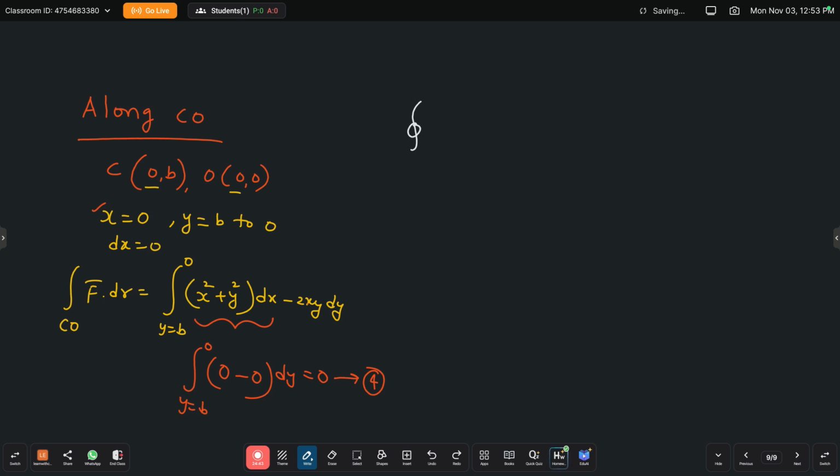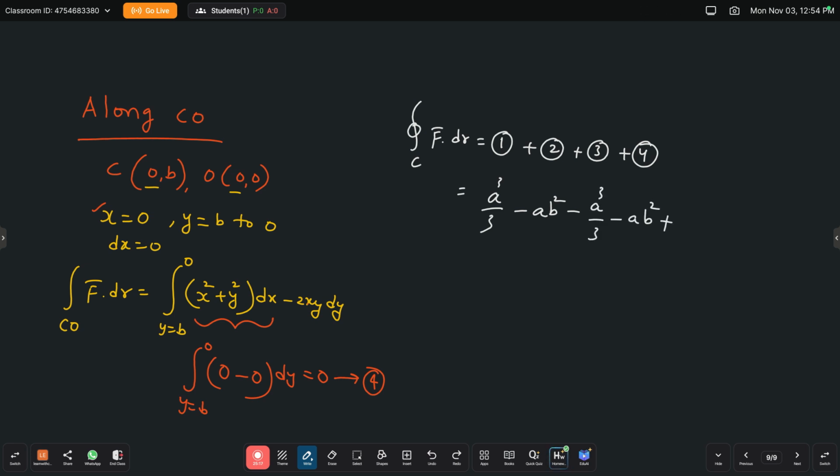Now the total circulation of the curve C is given by the integral of f dot dr. We already have the integration along OA direction, along AB direction, along BC direction, and along CO direction. The first answer is a cube by 3. The second one is minus ab square. The third value is minus a cube by 3 minus ab square.